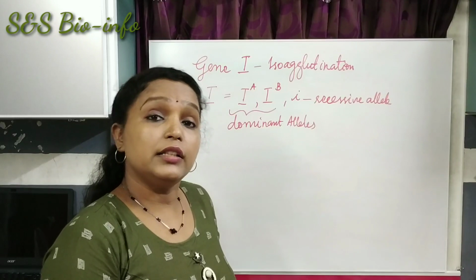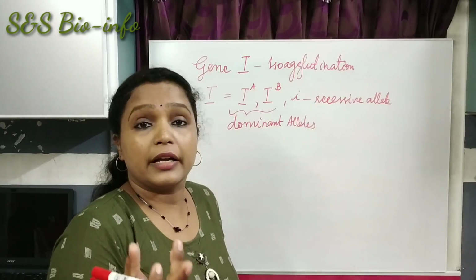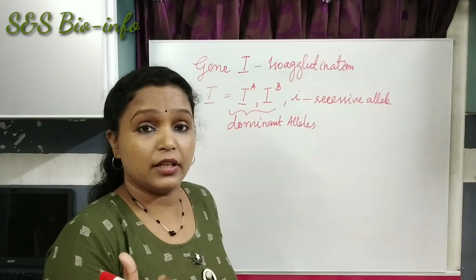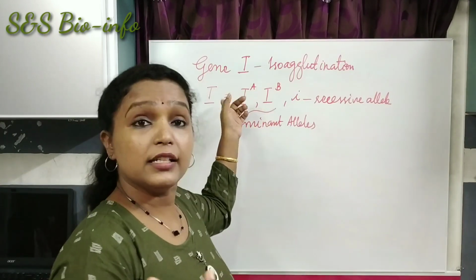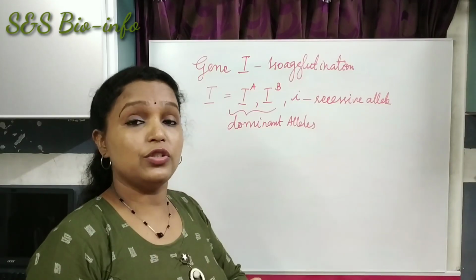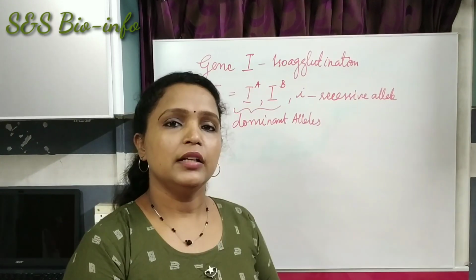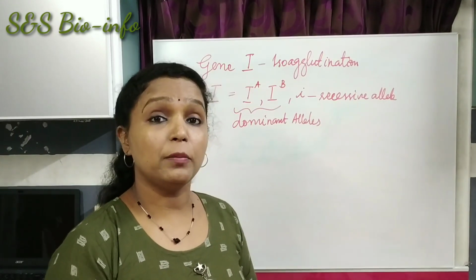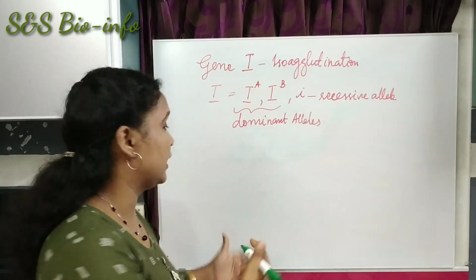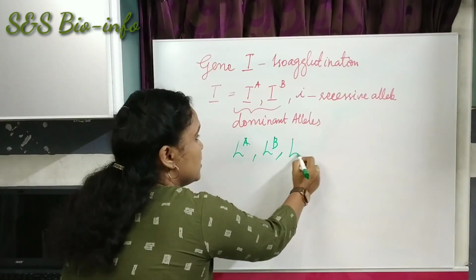Here, at the time of zygote formation, the zygote gets only two alleles for a particular trait. Even though gene I has three different alleles, the child or individual gets only two alleles for that particular trait. The alleles that control ABO blood grouping can also be represented like this: LA, LB and L0.